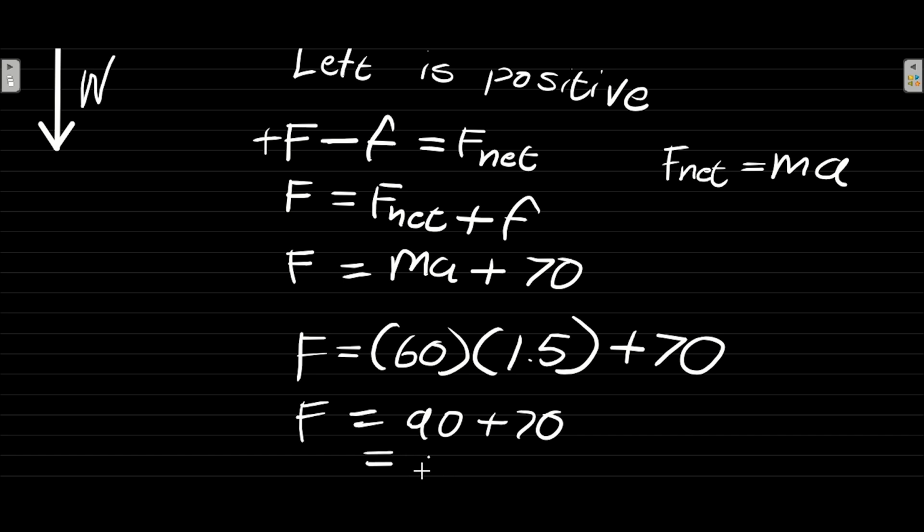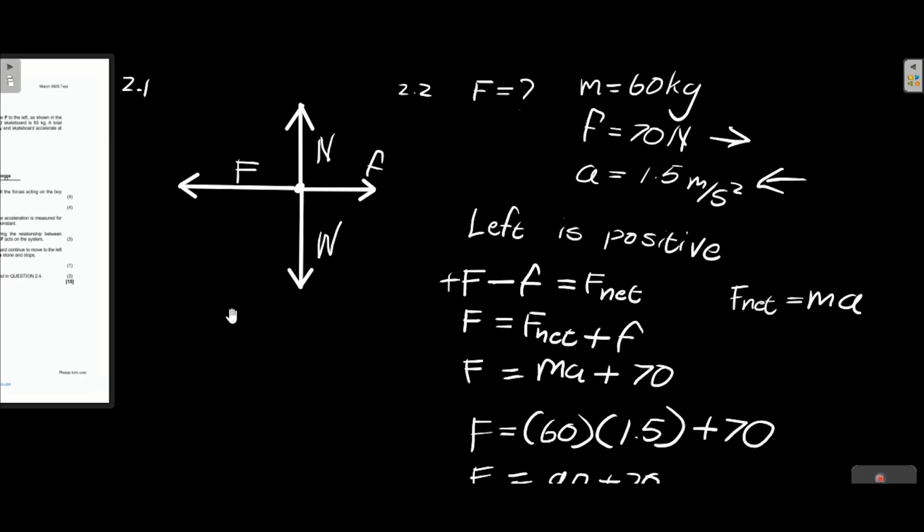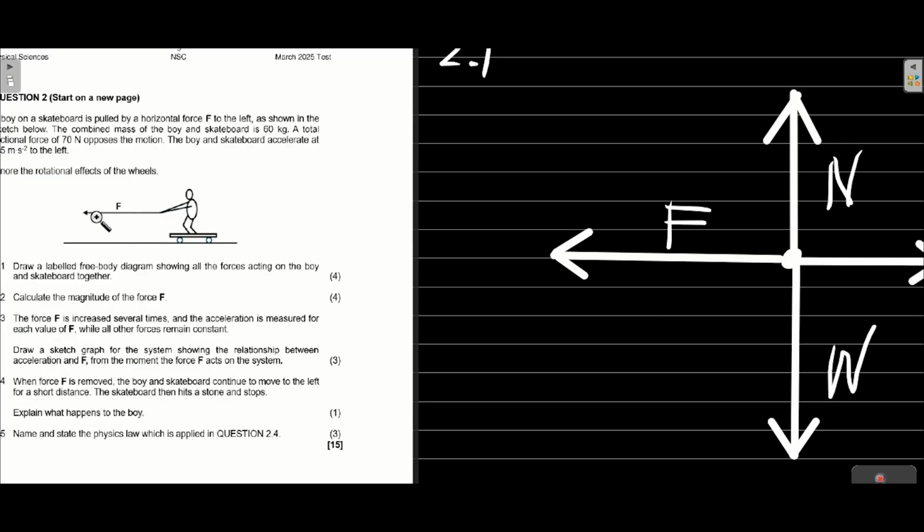Adding that 70, we get 160 newtons. So our applied force for 2.2 is 160 newtons. And it's already indicated on the diagram that F is to the left.